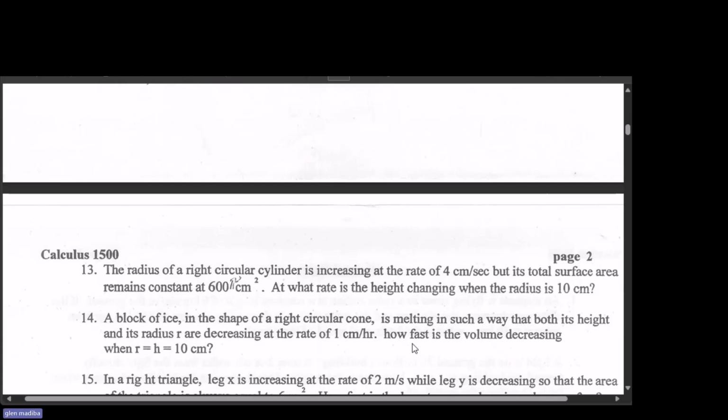I also agree with the number that Kamorelo and Lerato have shared with us. The volume is decreasing at the rate of 100 pi centimeters cubed per hour. We agree. Adivala also got that answer. Okay, thank you.